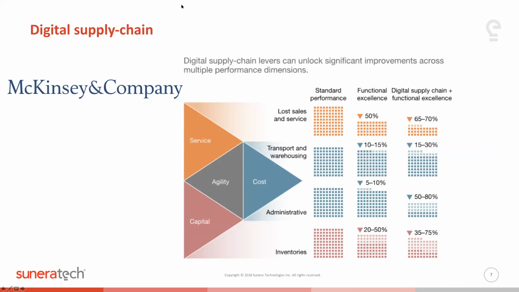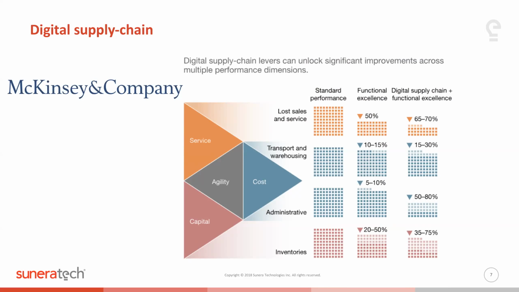McKinsey published this in the earlier part of this year. They again have done a study on digital supply chain. They looked at a number of companies who have implemented it, and they have reported that the sales loss or service loss has reduced by 65 to 70%, which essentially says that you have the exact amount of inventory as required so that you don't have a situation of a lost sale.